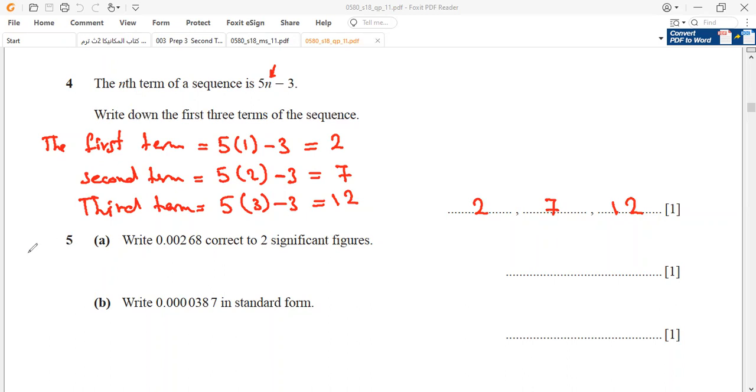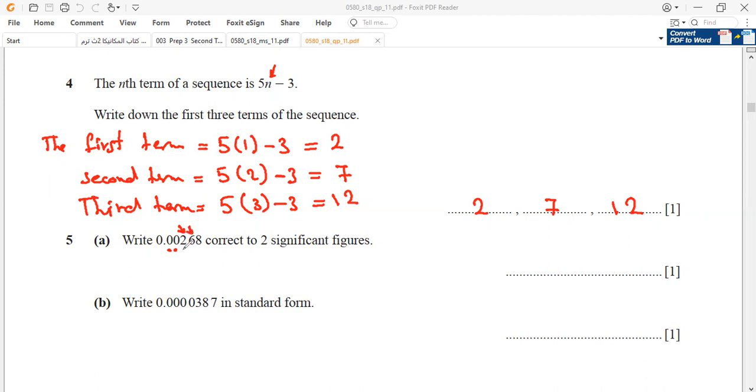In question 5, part A, write 0.00268 correct to 2 significant figures. Here we have the 2 zeros after the decimal point. They are not significant figures, so we will not count them. We start from 2. So we have 2 and 6.